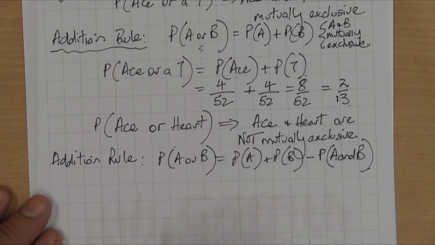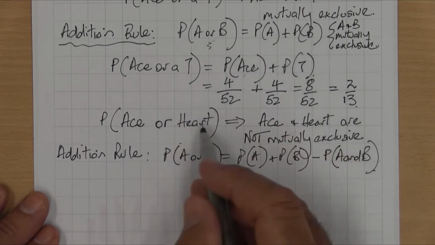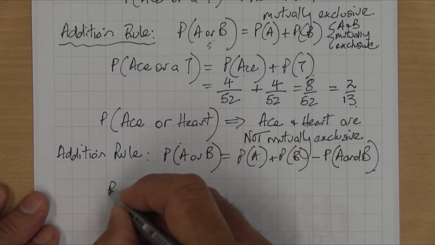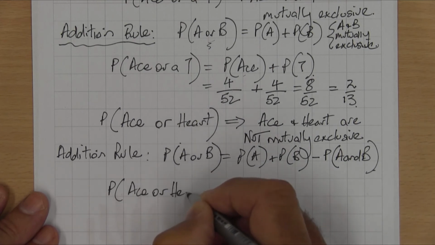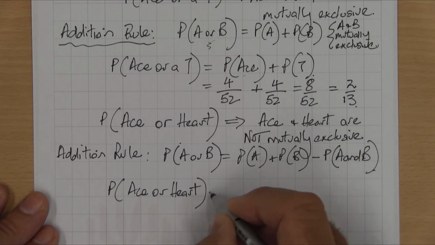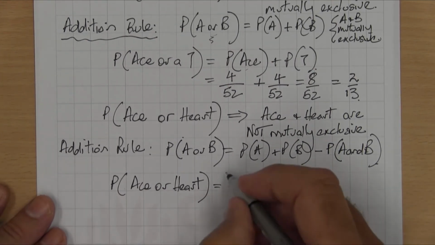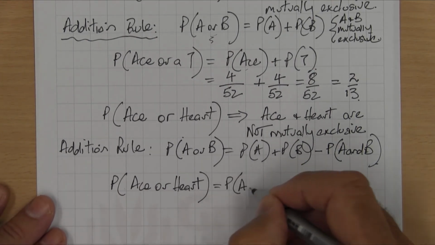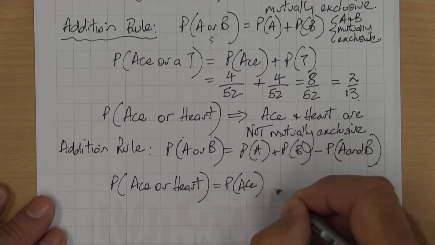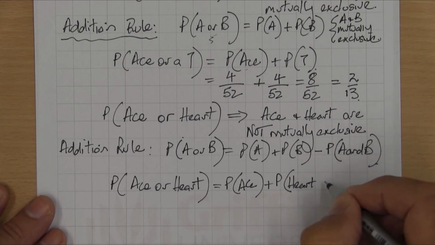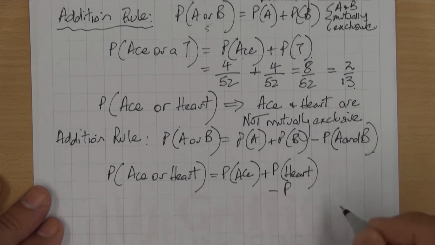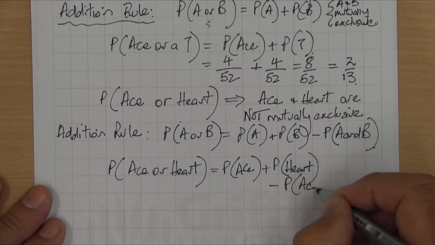Okay, so how do we work out this one here, probability of an ace or a heart? The events are not mutually exclusive, so it'll be the probability of an ace plus the probability it's a heart minus the probability it's an ace and a heart.